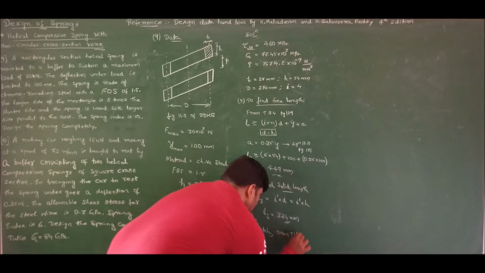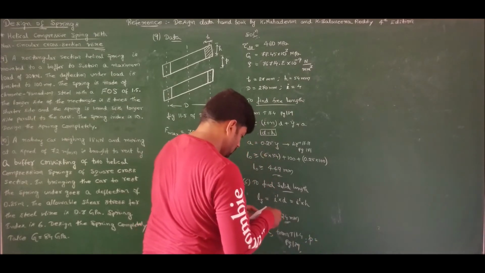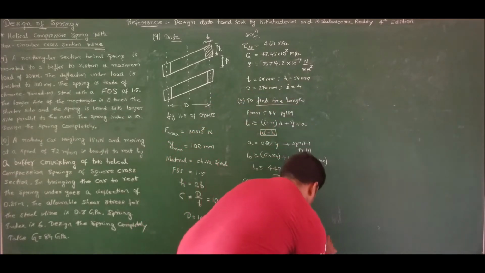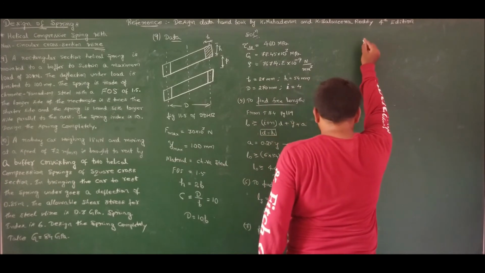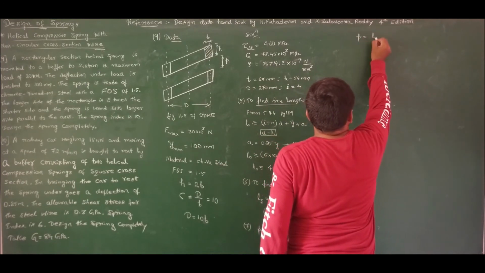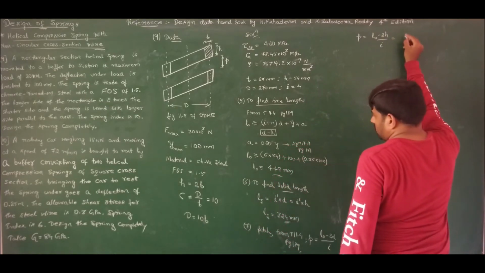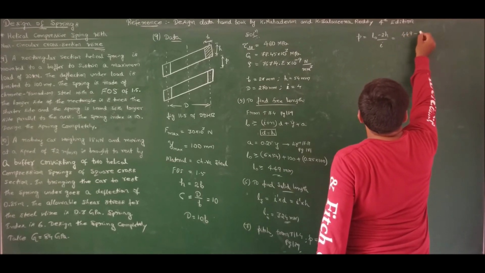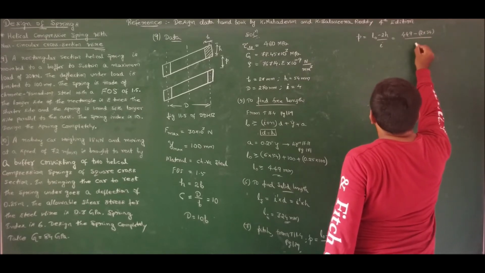From table 11.4, page number 189, we know that pitch is given by L naught minus 2h by I, which is nothing but L naught is 449 minus 2 into 54 divided by I is 4.